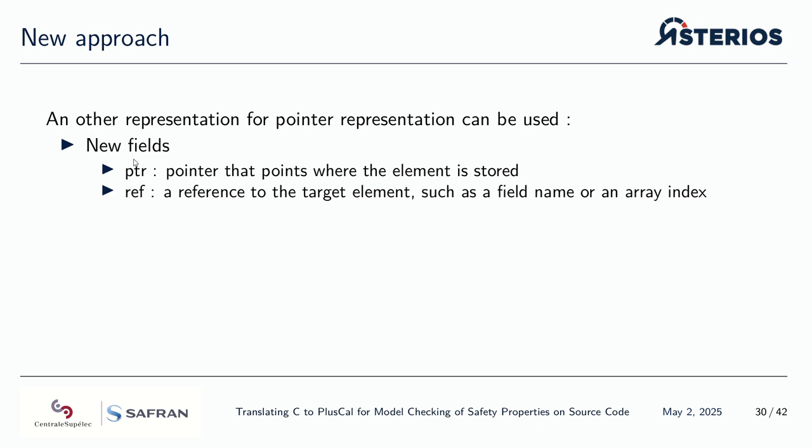For example, a PTR field that represents a pointer to where the element that we want to retrieve is stored, and a ref field that is a reference to the target element that we want in the end, such as the field name or the index into the array.